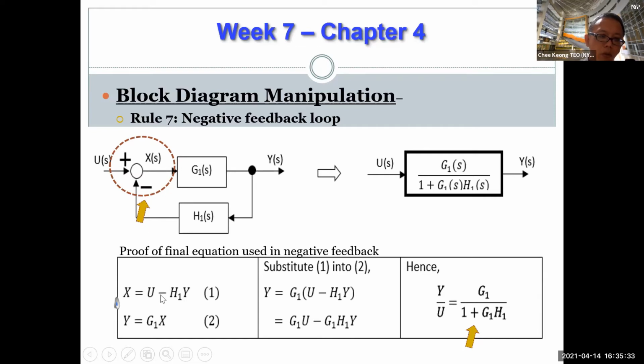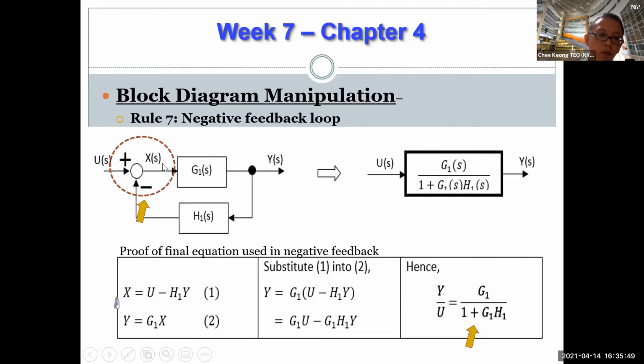So this is equation 1. Y times H1 is presented here. X will be U minus H1Y, right? So equation 1 you form. Now, equation 2 is Y equals X multiplied by G1.